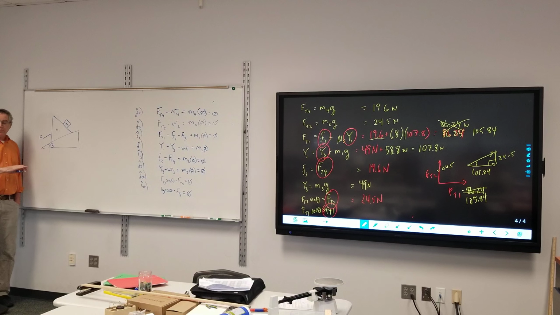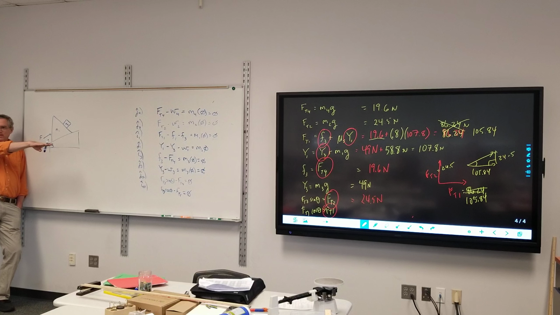All right, so first off, mass 1, this is one of the places where people may have issues. Mass 1, if it accelerates, will accelerate along what line? Maybe the horizontal.